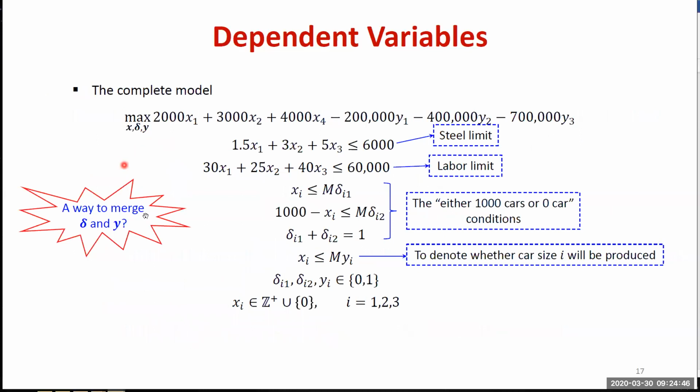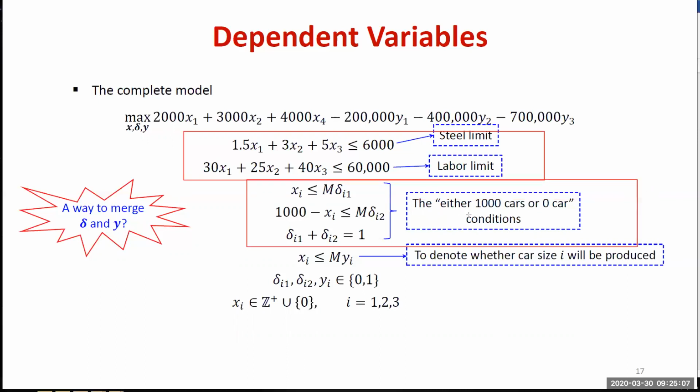Now, the complete model of this problem can be formulated in this way. First, the new profit function. And here, let me draw boxes here. All these constraints are still the same as we used, indicating the steel limit, labor limit. And this one indicates what? Either 1,000 cars or 0 car, you know.